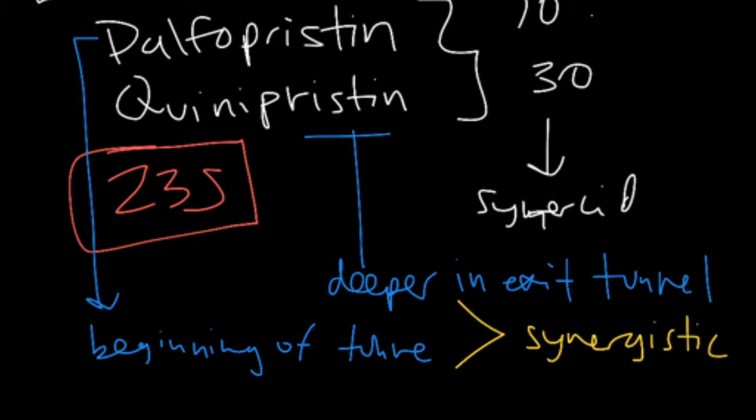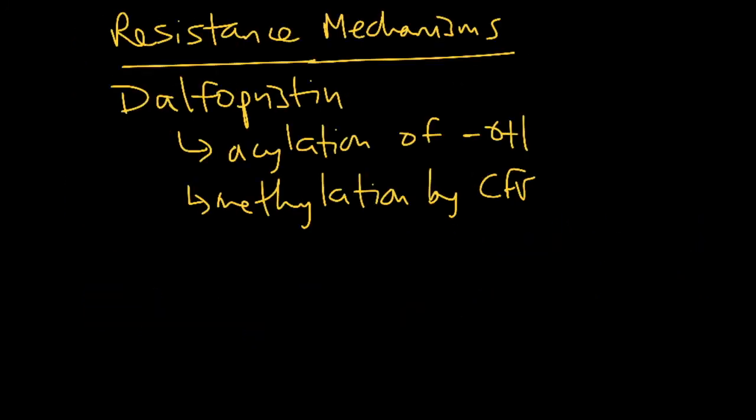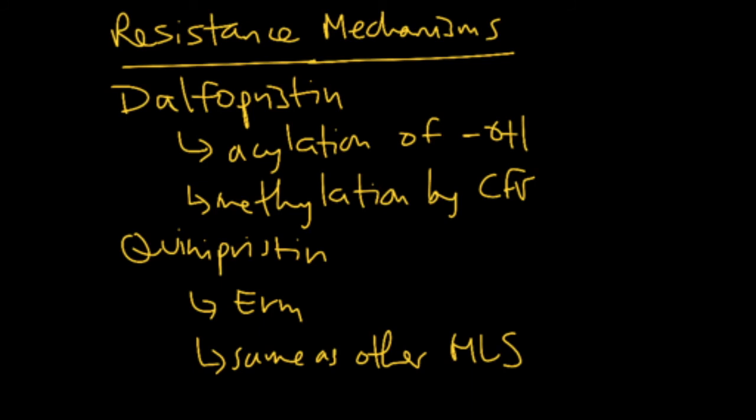Now moving on to resistance mechanisms. Okay, so dalfopristin and quinupristin each have their own resistance mechanisms in bacteria. In dalfopristin, bacteria have acylated an OH group, and they use a Cfr enzyme. They use a Cfr enzyme, like you'll see later with linezolid, and this methylates some group in the ribosome.